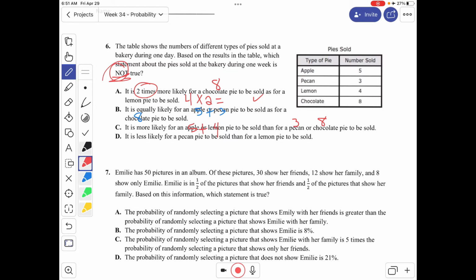Is 5 plus 4 more than 3 plus 8? D, it is less likely for a pecan to be sold than for a lemon to be sold.